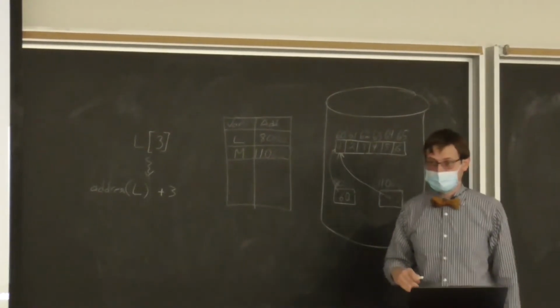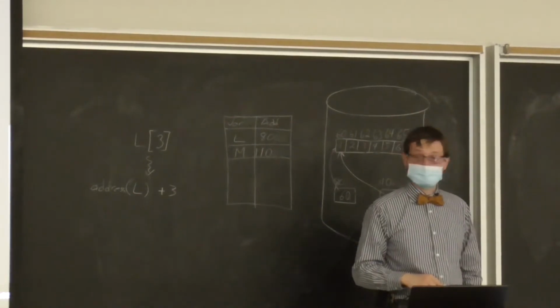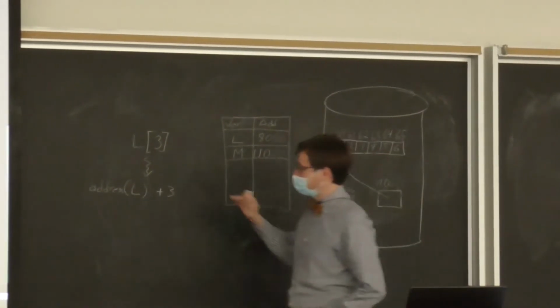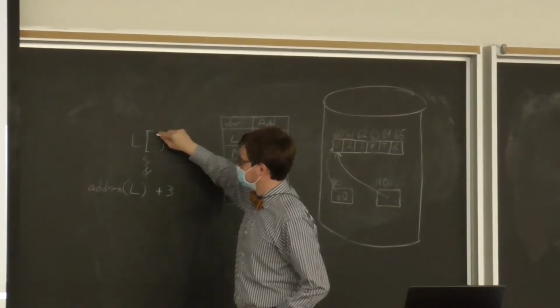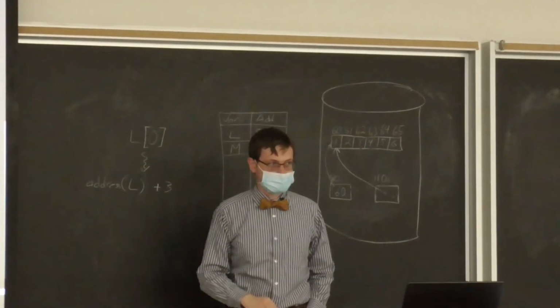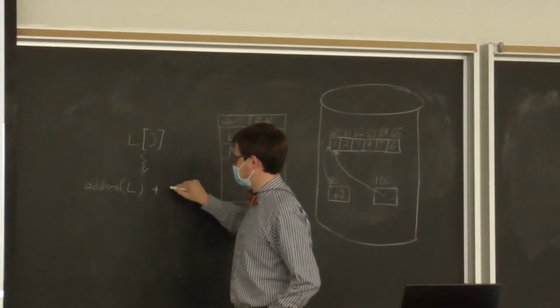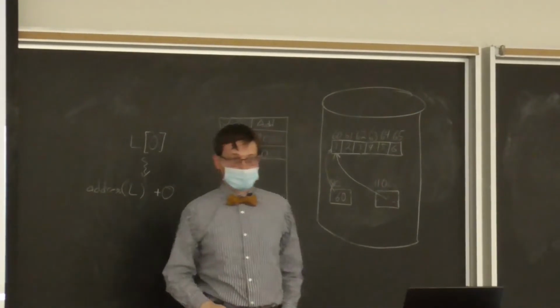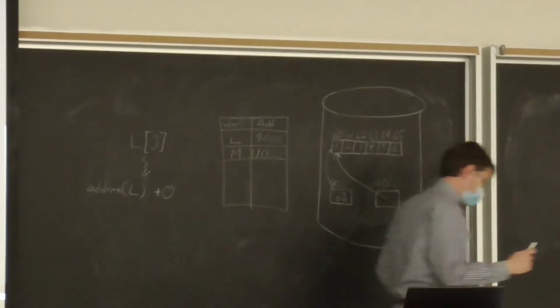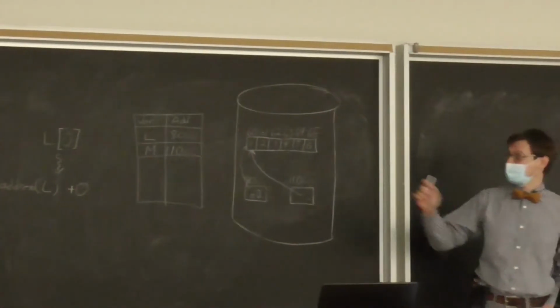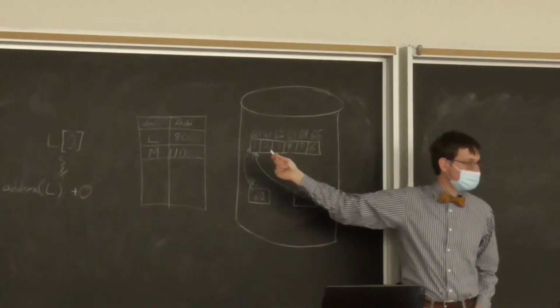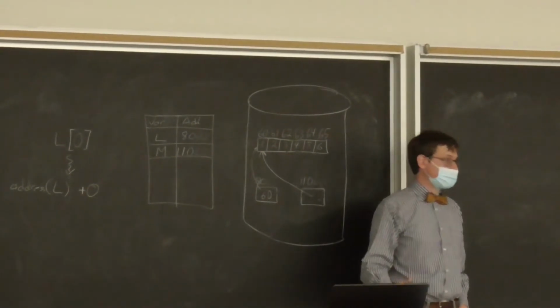And that is why everything is 0 indexed, right? That's why L at 0 is the first element, because it is the element with 0 offset. Because the way that it's stored in the computer is without any kind of header bit, right? Because that would waste memory.